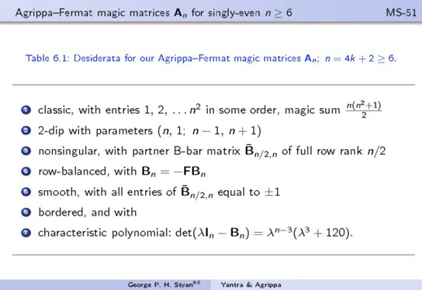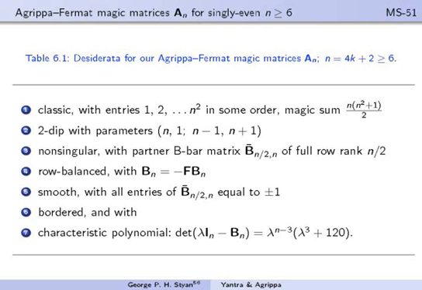Gap size is n minus 1 on the main forwards diagonal, n plus 1 on the main backwards diagonal. Non-singular and with a partner B bar matrix of full row rank n over 2.